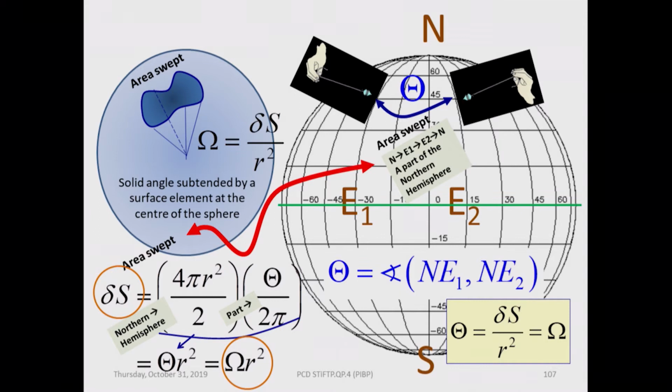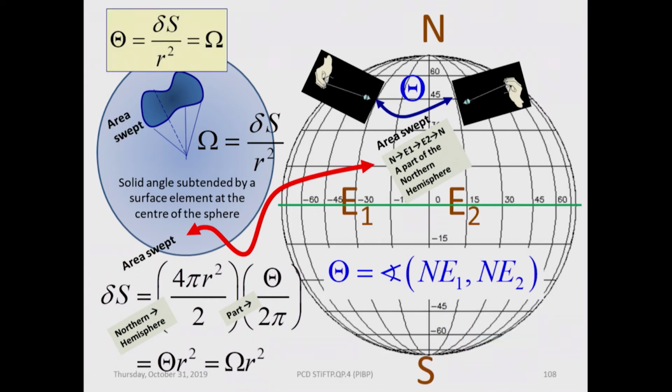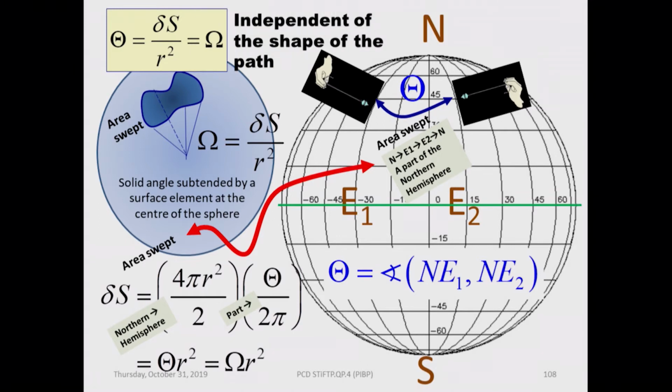Okay, this is a very interesting result, and we are going to get a result which you will be familiar with, but getting it using just geometry. So, this is the angle theta and omega, right, and it has nothing to do with the shape of the area that you have traversed around, right.